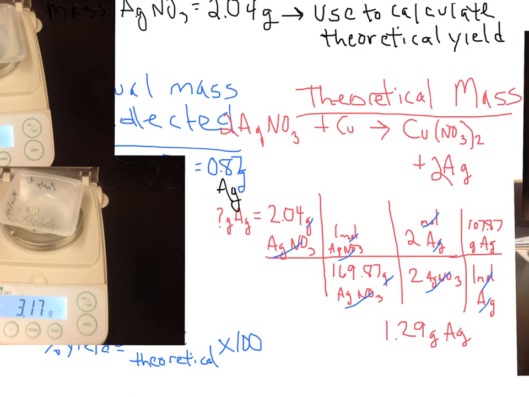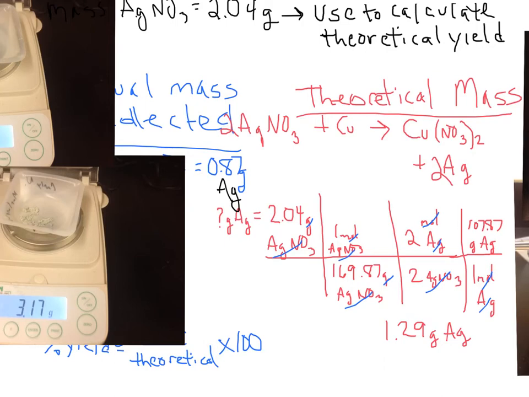So doing the math, which would be 2.04 divided by 169.87 times the fraction 2 over 2, which cancels itself out, multiplied by the 107.87 at the end, we're going to calculate a theoretical yield of 1.29 grams of silver. Okay, we actually collected 0.87 grams of silver.